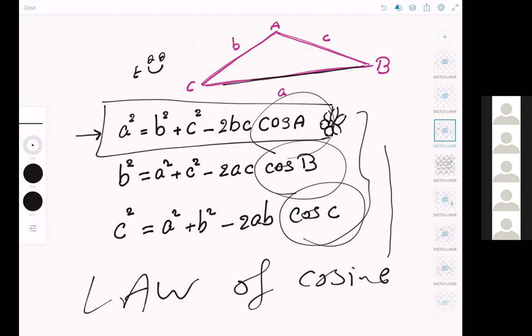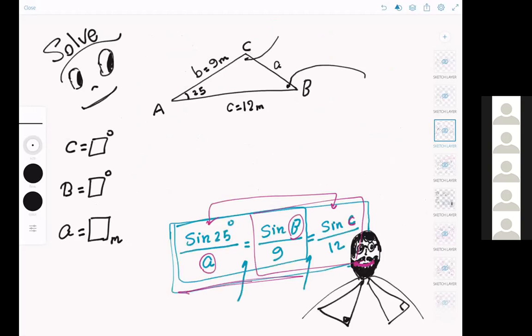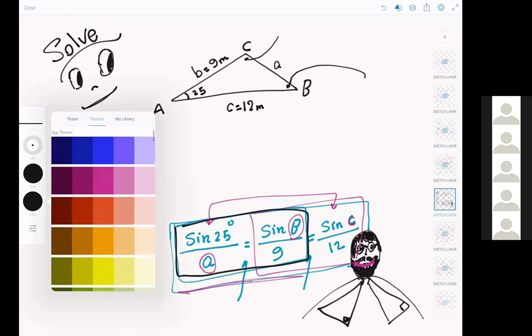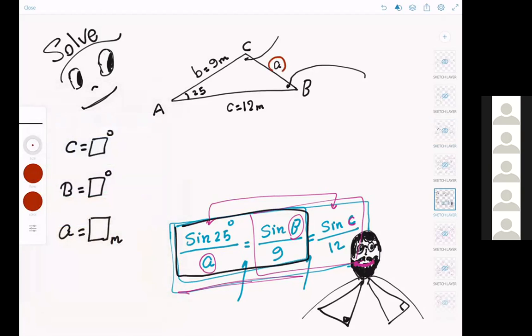All right. Now I'm going to go back to this question. We weren't able to use law of sine. We were hoping to use law of sine, but it didn't work, because with any two you pick, you have 2 unknowns. So let's write the law of cosine. So a squared, we're looking for a, we have b and c.